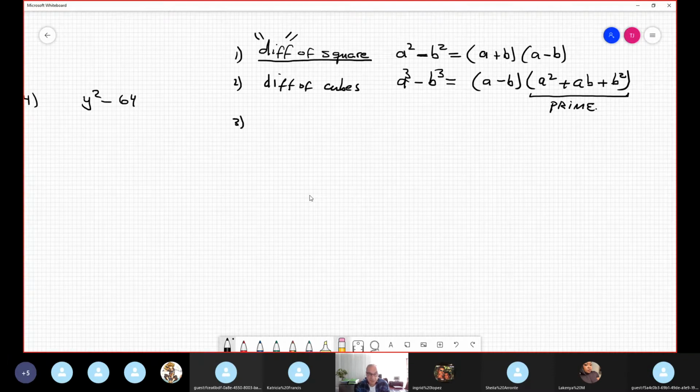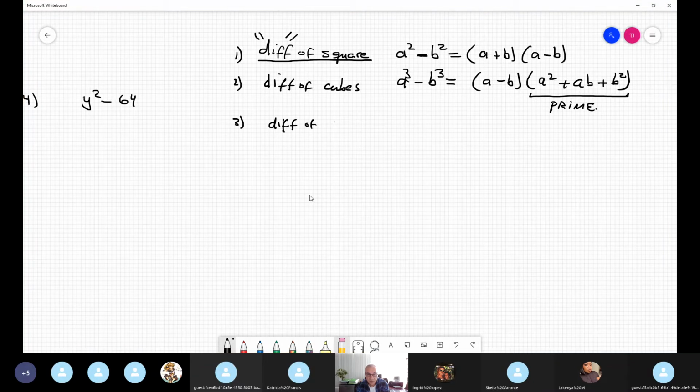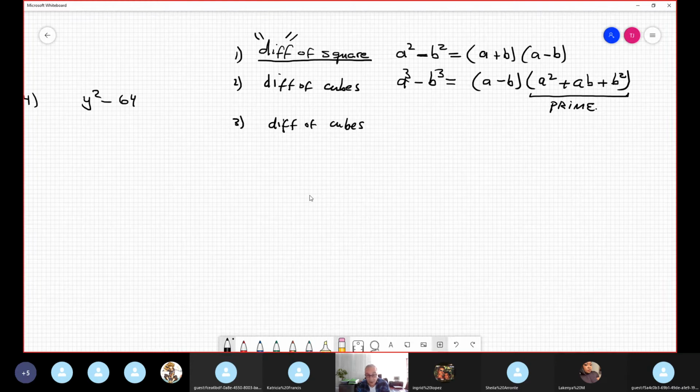And the third one is the sum of cubes: a cubed plus b cubed. It is similar: (a plus b), and the only difference is a squared minus ab plus b squared.